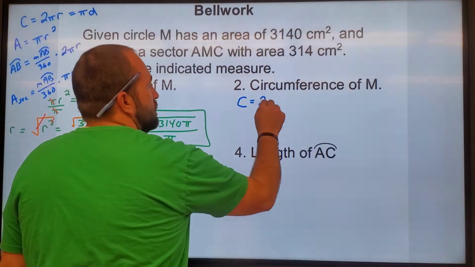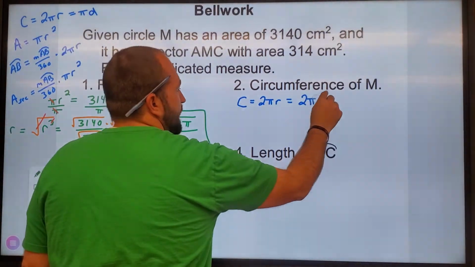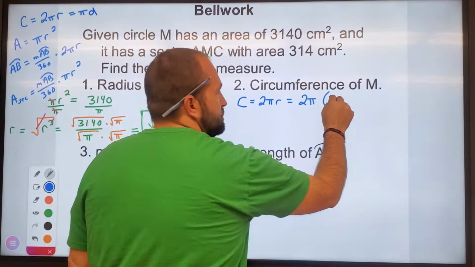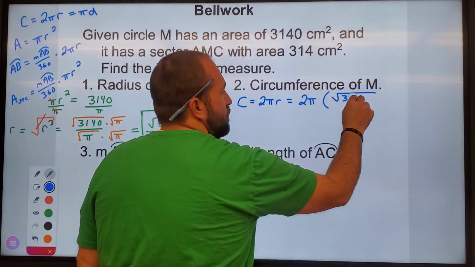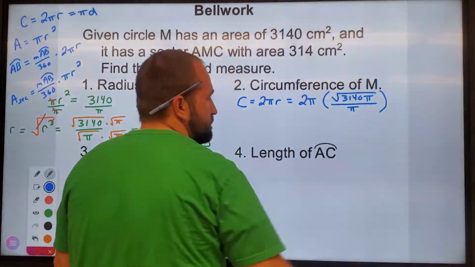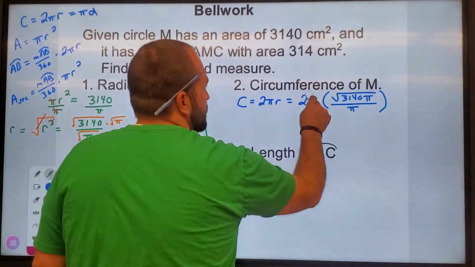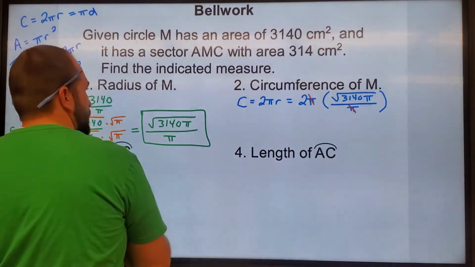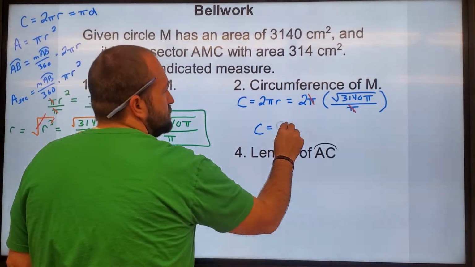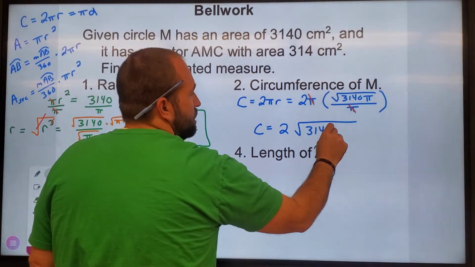I have C equals 2 pi r, which means I have 2 pi times this radius, the square root of 3140 pi over pi. But if we pay attention here, notice that the pi and the pi in the denominator will cancel each other out. So with this one and this one will cancel, which leaves me just the circumference to be 2 times the square root of 3,140 pi.